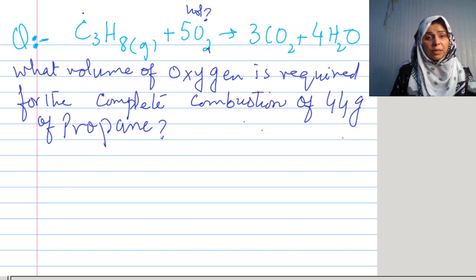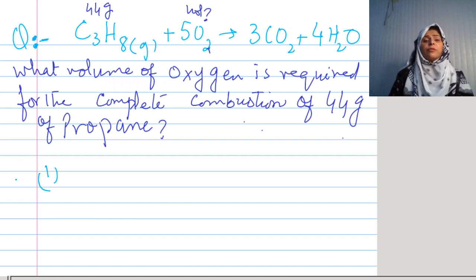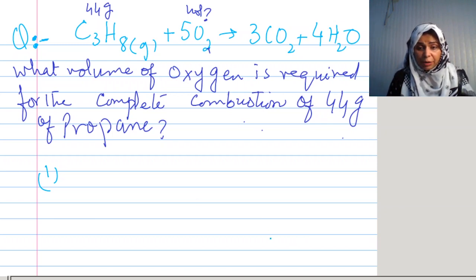The mass of propane is given, that is 44 gram. First step, what do we have to calculate? Yes, the number of moles. So in order to get the number of moles, what do we have to do?